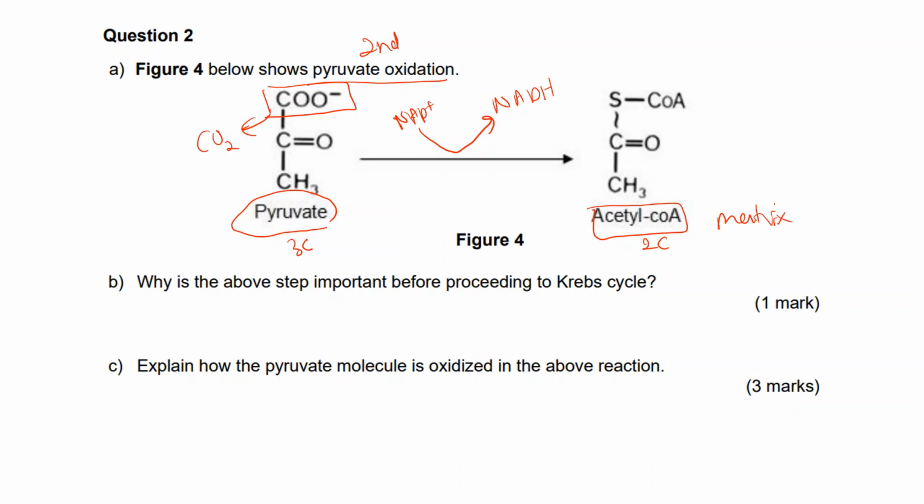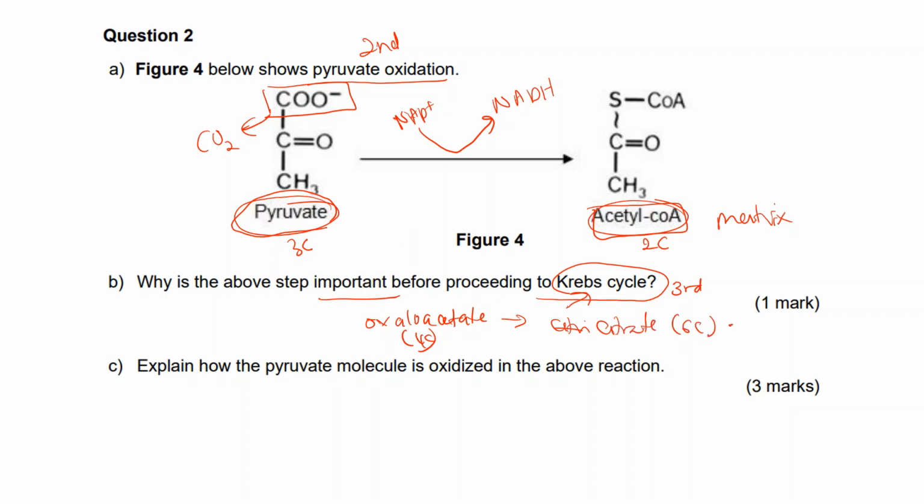So why is the above step important before it enters the Krebs cycle? The Krebs cycle is the 3rd stage of cellular respiration. It is important because the reaction will convert pyruvate into acetyl-CoA, and once acetyl-CoA is produced, only then can it enter the Krebs cycle to combine with oxaloacetate, which is a 4-carbon compound, and convert it into citrate, which is a 6-carbon compound.